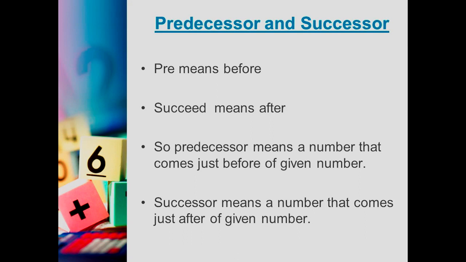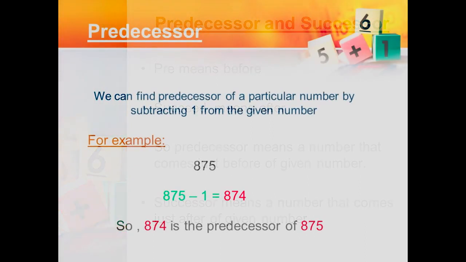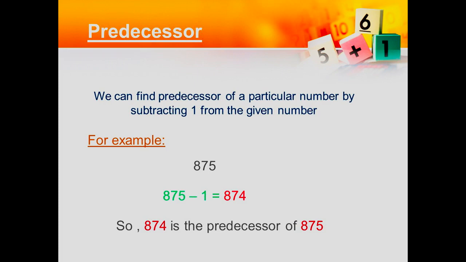Okay, let's see how we can find the predecessor of a number and the successor of a number. First we have to find the predecessor. We can find the predecessor of a particular number by subtracting 1 from the given number. For example, here we have given 875.